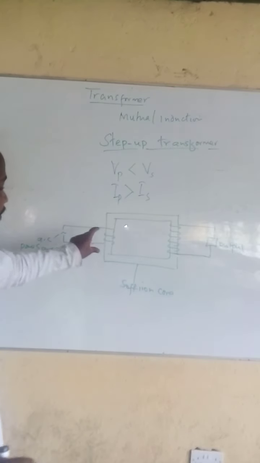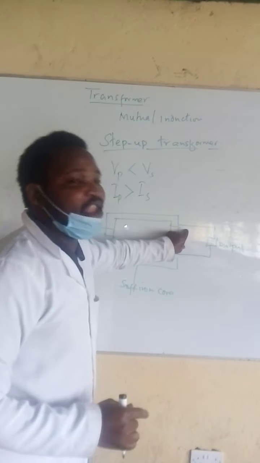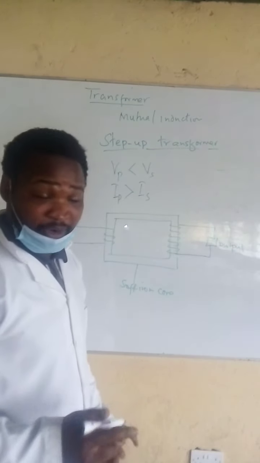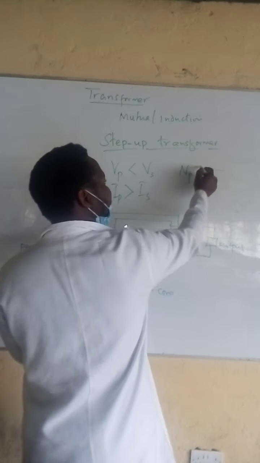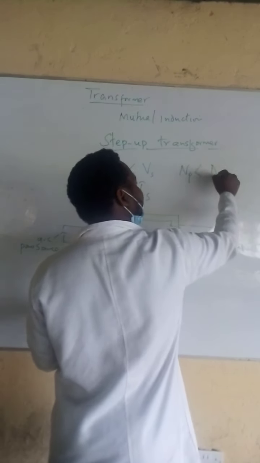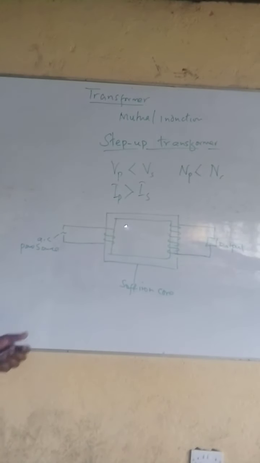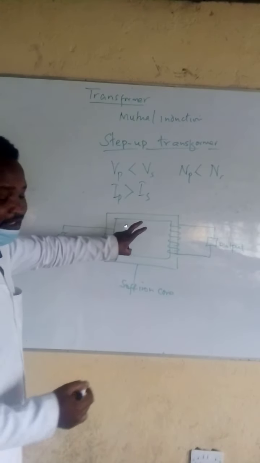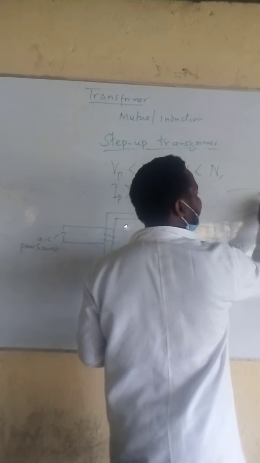Why? We have fewer number of turns in the primary coil than the number of turns in the secondary coil. So we can clearly say that the number of turns in the primary coil is less than the number of turns in the secondary coil. This is what we call a transformer, and the electrical symbol of a step-up transformer is this one.